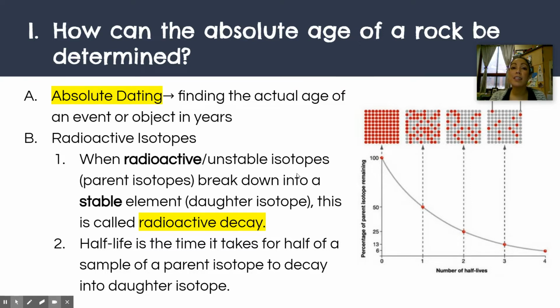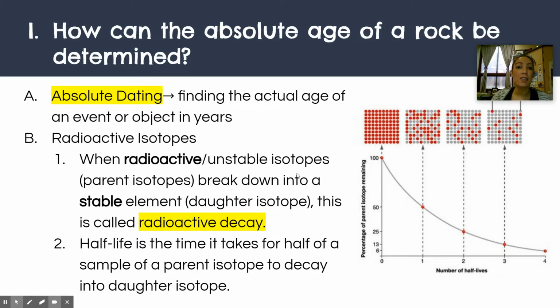Don't think of it like decay as we think about something in your fridge going rotten and decaying. That's totally different. This is more just a radioactive element that is settling down. Okay, the radioactive version of an element, this is an important term to remember, is called the parent isotope.